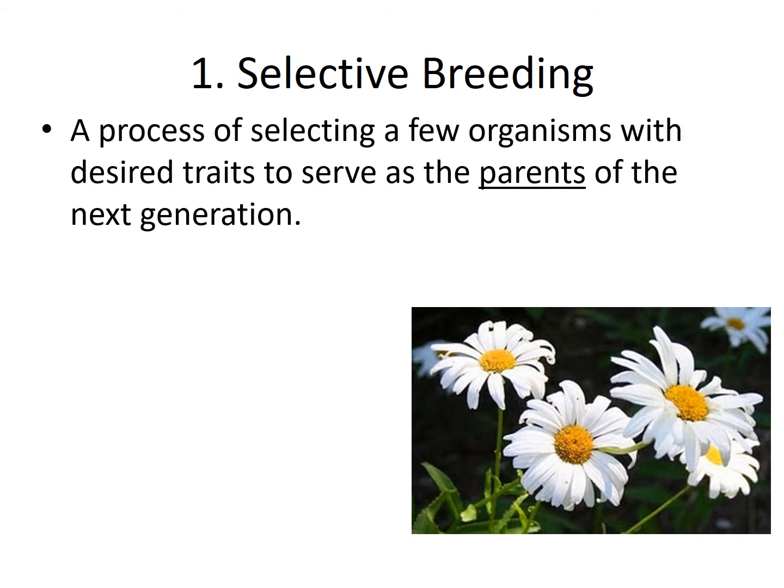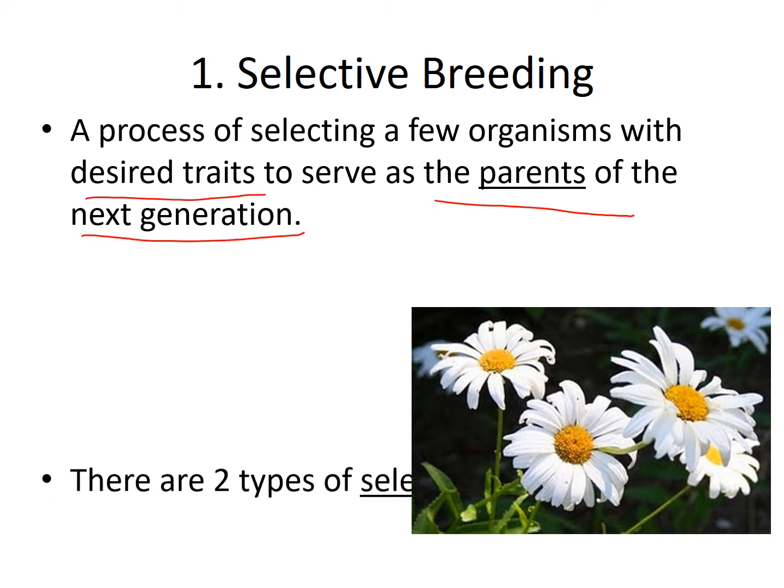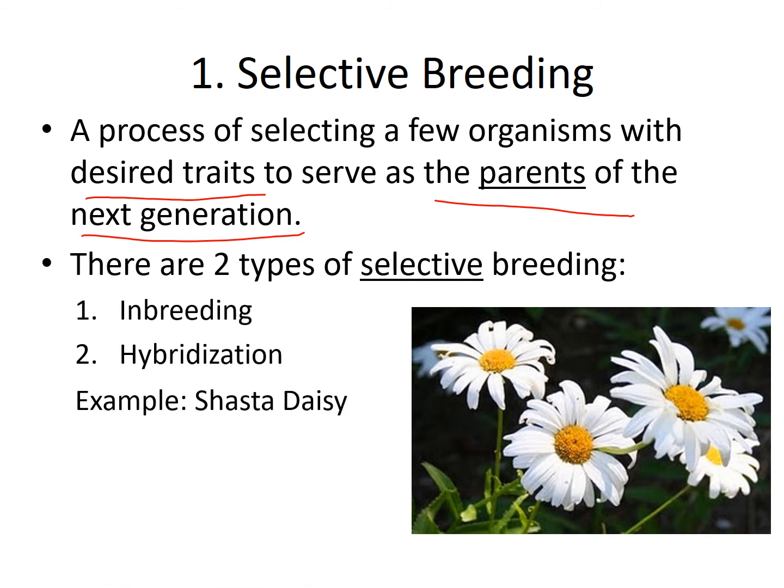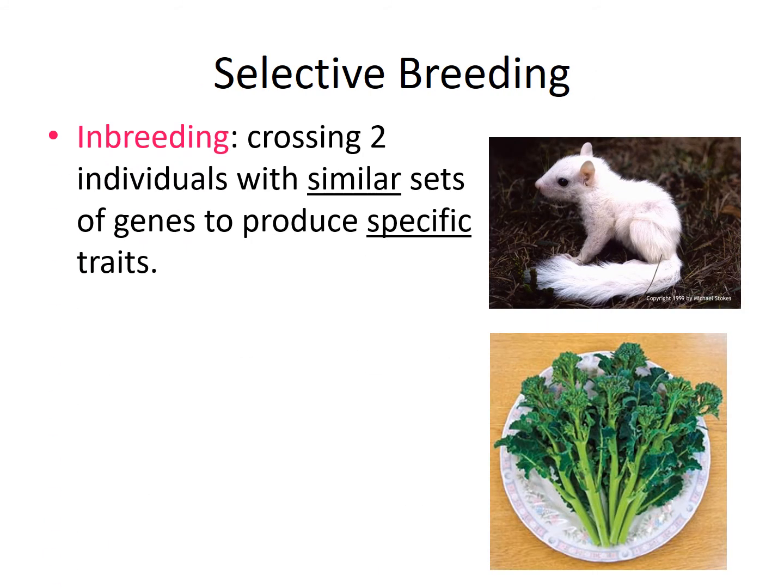With selective breeding, we can get just the desired traits from the parents. There are 2 types: inbreeding and hybridization. Even the Shasta daisy is an example of selective breeding. Inbreeding is crossing 2 individuals with similar sets of specific traits. It's going to cause a mutation.